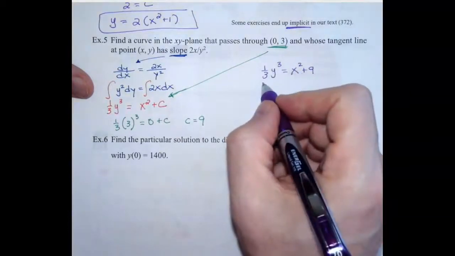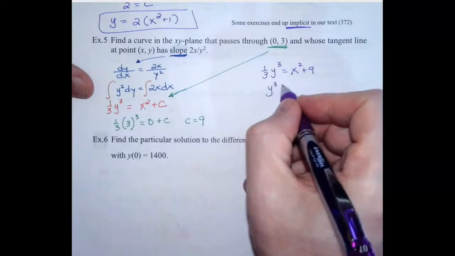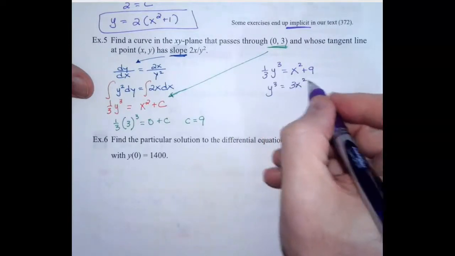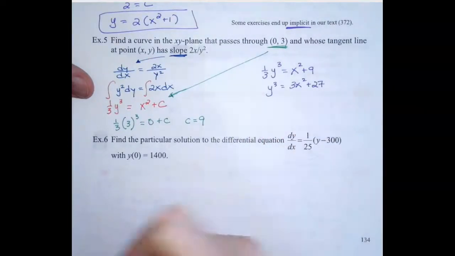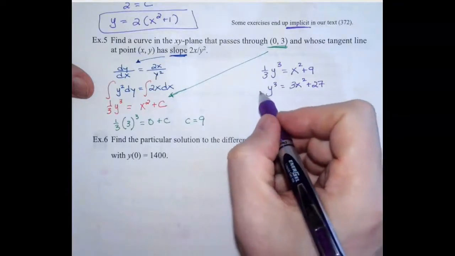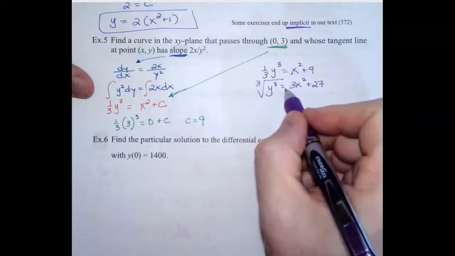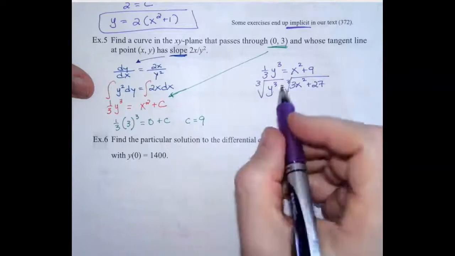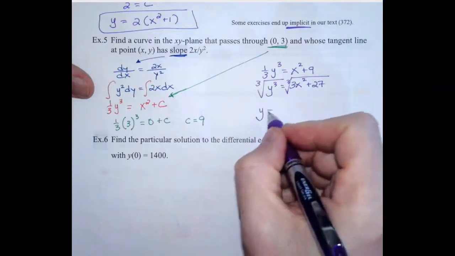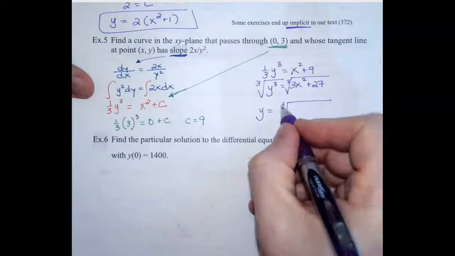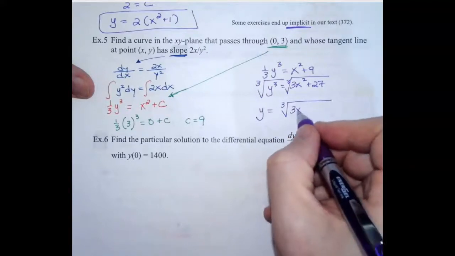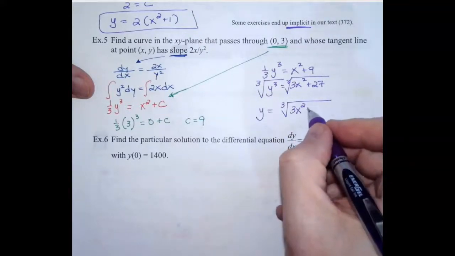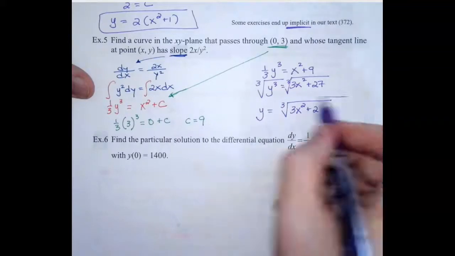So we multiply this whole thing times 3, we would have 3x squared plus 27. So if we take the cube root of both sides, we'll get the cube root of 3x squared plus 27.